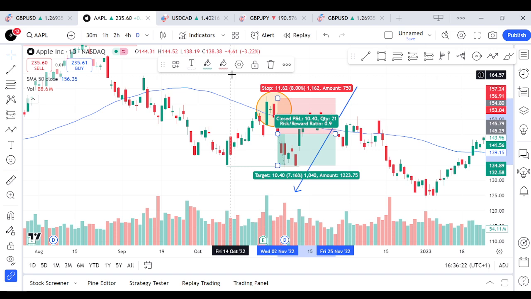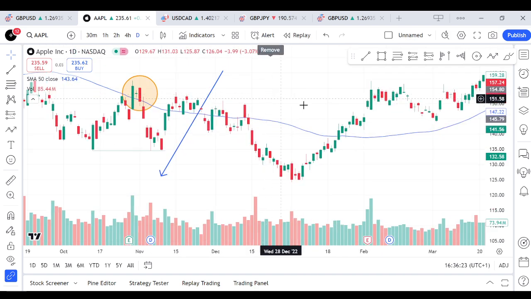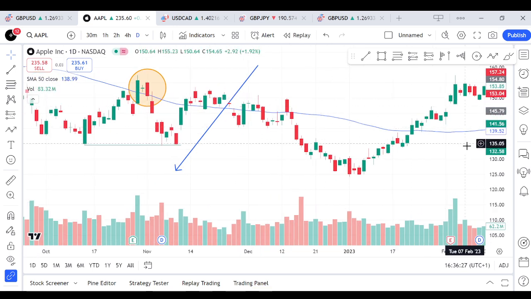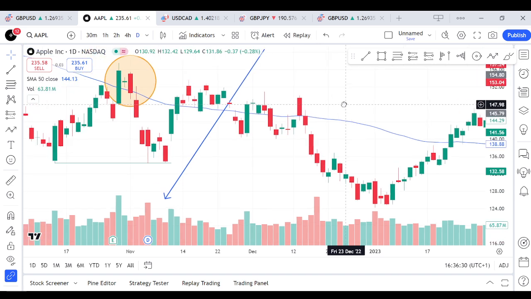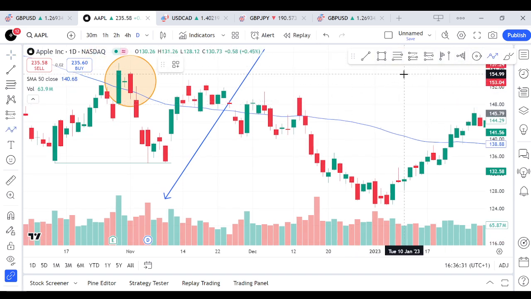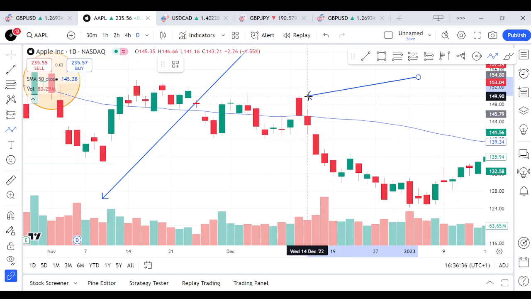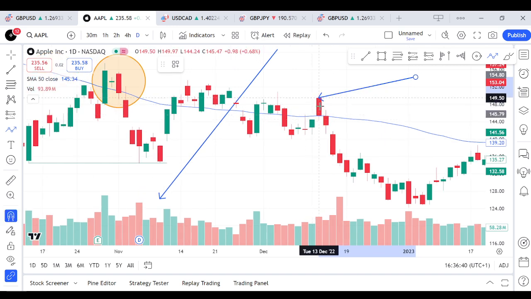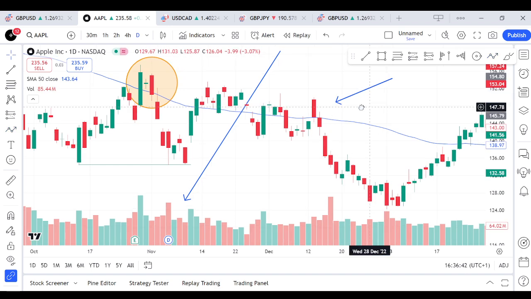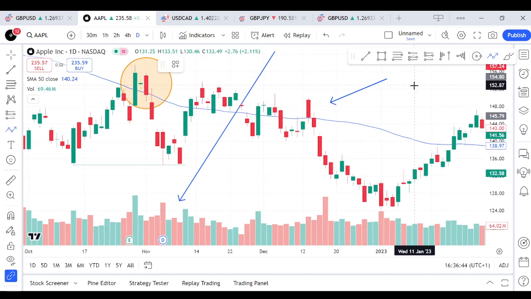So that is how you can use the bearish belt hold candlestick pattern. This was supposed to be a bearish belt hold candlestick pattern, but had a little wick right there. So it's not supposed to be any wick at the top of the candle, but had a wick below. You could consider it as a bearish belt hold, but you should trade it with caution. Confirm with volume.